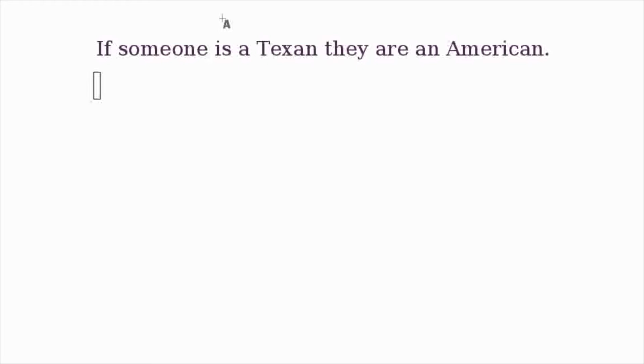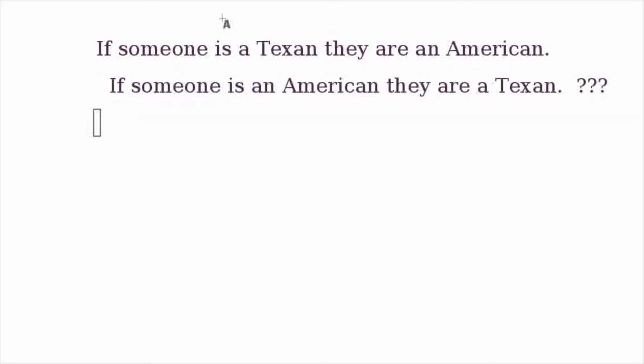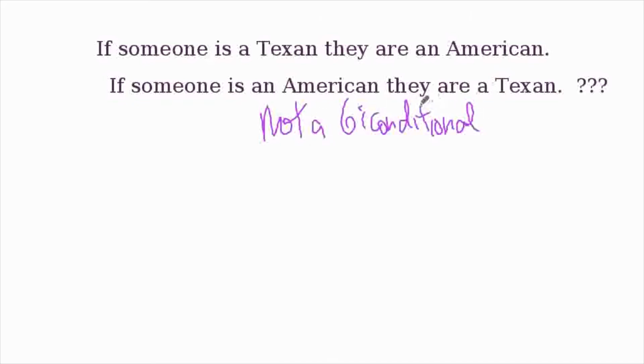If it was a biconditional, then this would have to be true: if someone is an American, they are a Texan. Is that true? No, that is not true. So that's why we say that this one is not a biconditional, because it doesn't work in both directions.